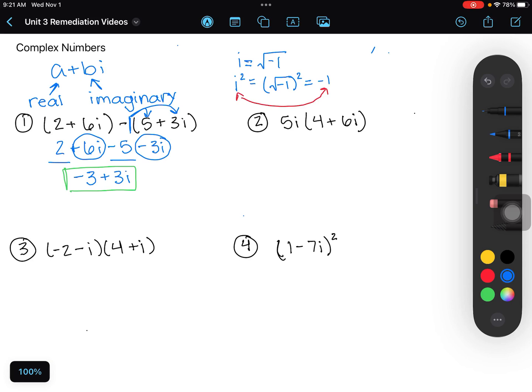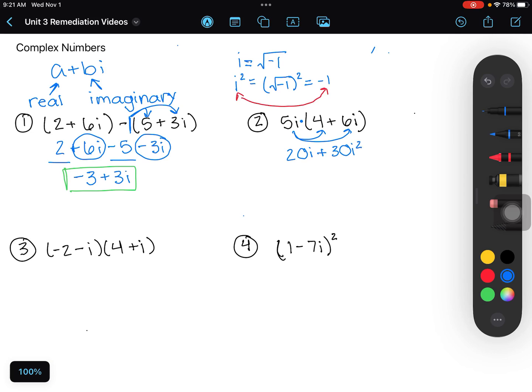So for the next one, we know that there's some multiplication happening here. So I'm going to distribute this 5i to everything inside the parentheses. So 5i times 4 would be 20i, and 5i times 6i would be positive 30, because 5 times 6 is 30, and then i squared, because i times i is i squared.